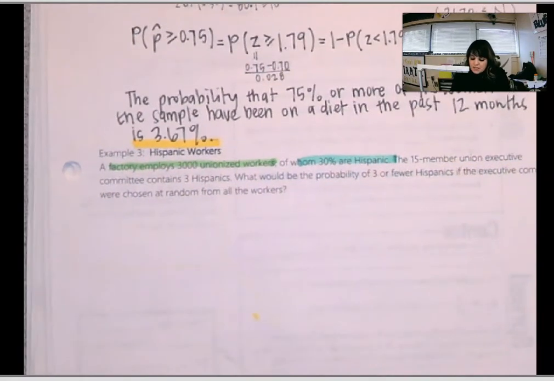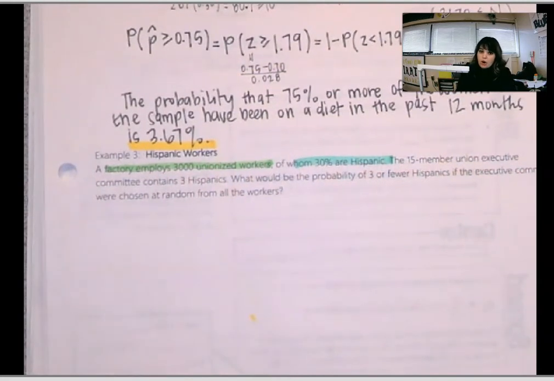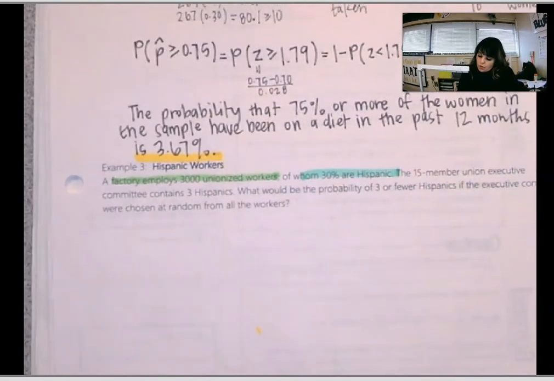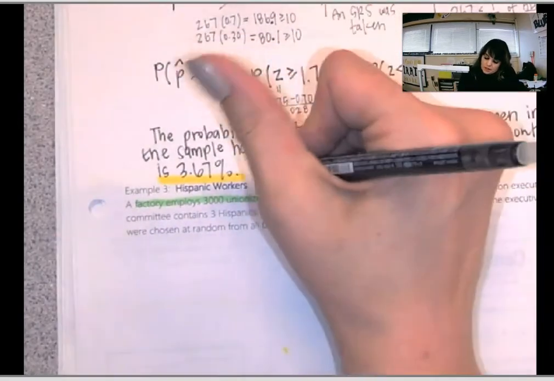A 15-member union executive committee contains 3 Hispanics. What would be the probability of 3 or fewer Hispanics if the executive committee were chosen at random from all of the workers?